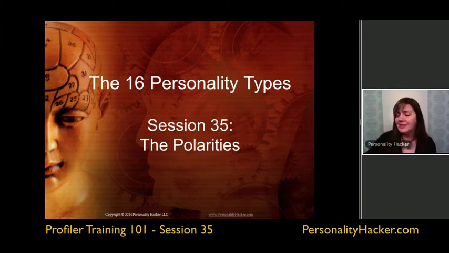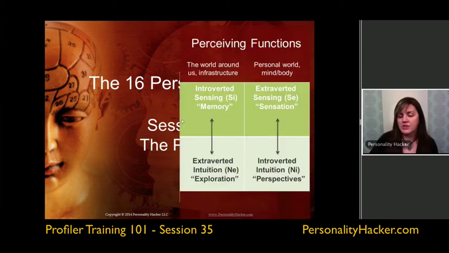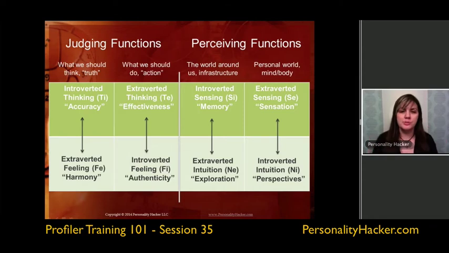So we're going to talk just a little bit about the polarities. We're not going to go super duper deep, but I just want to give you an idea how the polarities are looking for a slightly different thing. All right, you've got judging functions and perceiving functions. And over on the judging functions, you've got the accuracy harmony polarity and the effectiveness authenticity polarity.